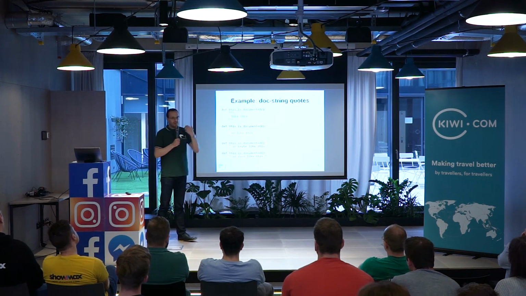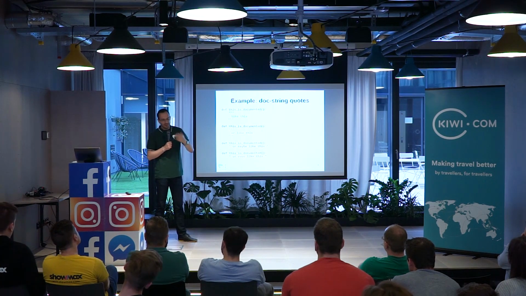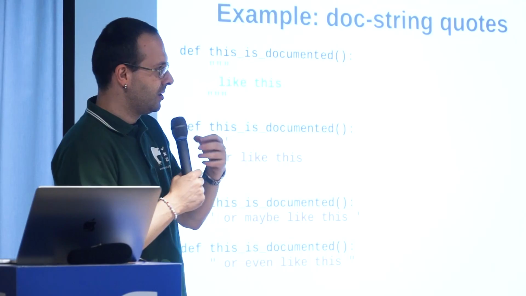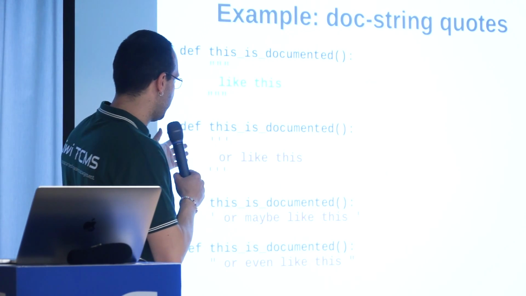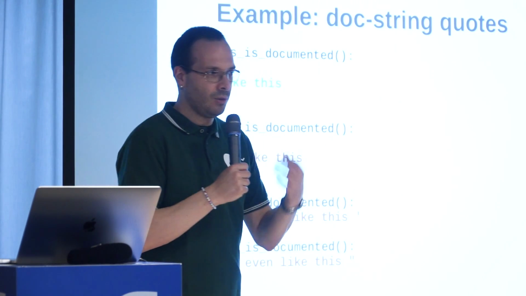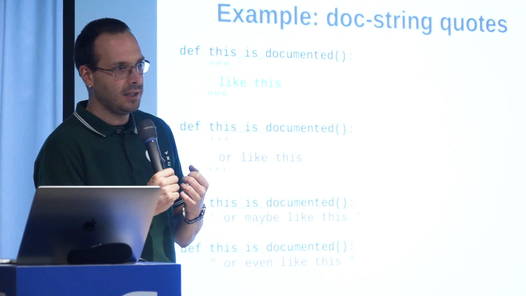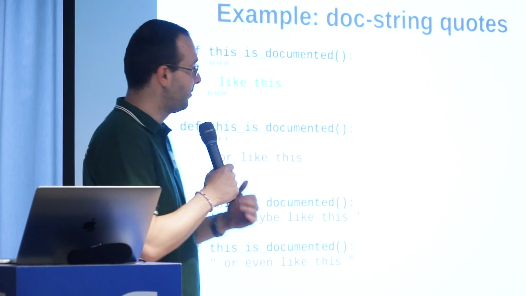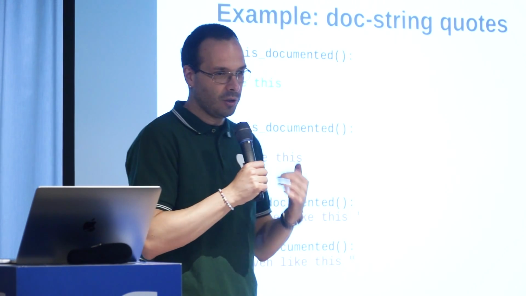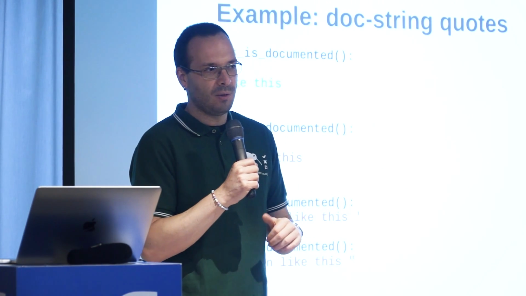For example, I'll give you a couple of examples. They are very easy, but you can make this as complex as you like. In Python, you can write documentation strings in this way. So all of these styles are valid. And in my team, only in the current project, we want to use the first style. So documentation strings only with 3 double quotes.